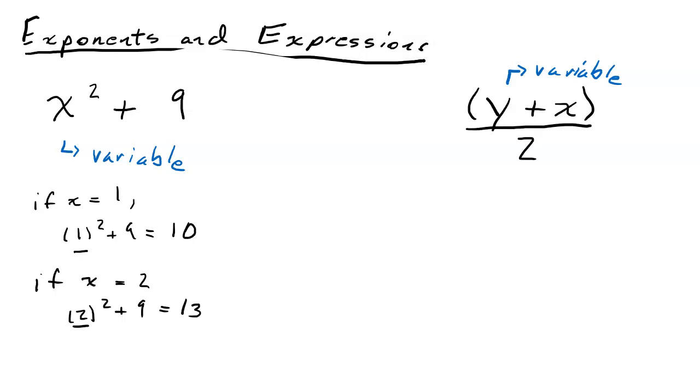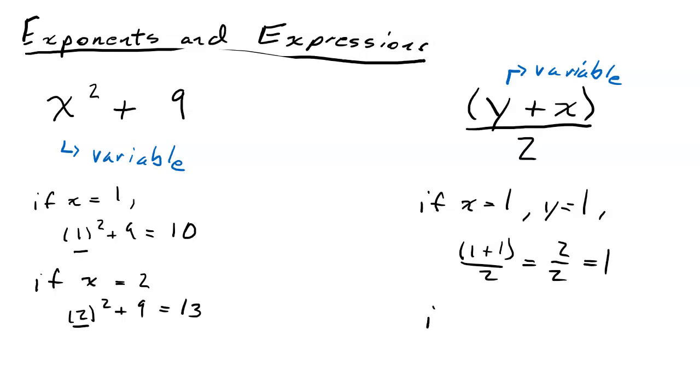Similarly with this y and x expression, the only thing that's different is that you need two different inputs. They can be the same, so y and x can be the same value, and in this case we just get 1 plus 1 divided by 2, which is equal to 2 over 2, which is equal to 1. Or they could be different inputs.